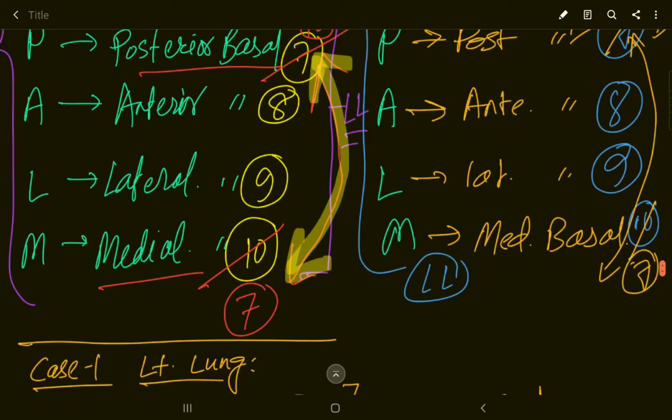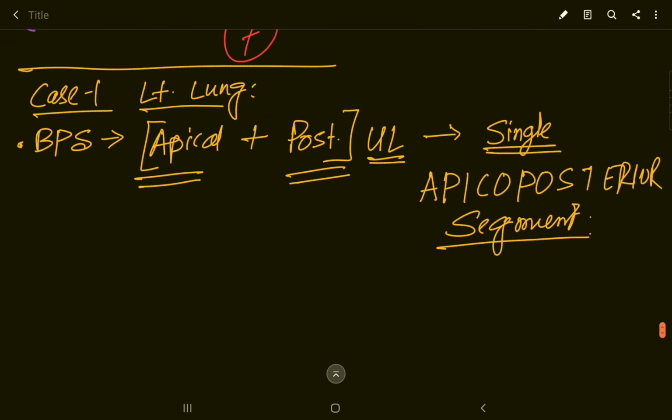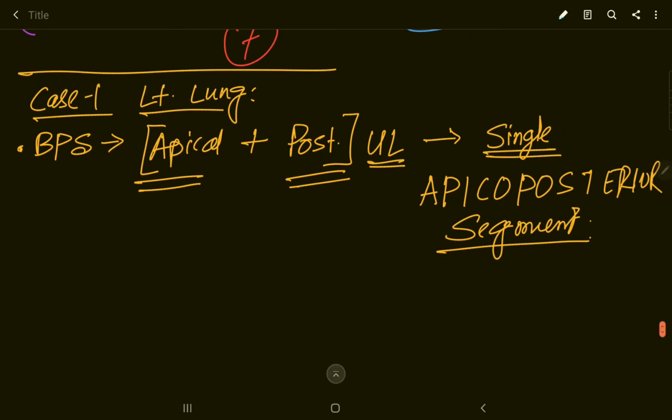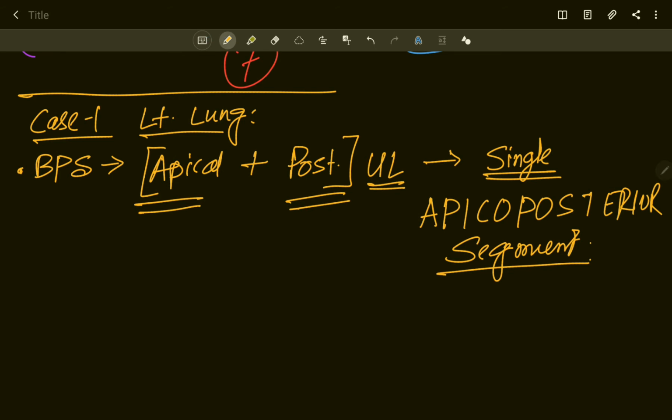Okay, so this is one case. In this case, how many bronchopulmonary segments are in your left lung now? Can you tell me? Yes, the number is now not 10. The number is converted into 9.